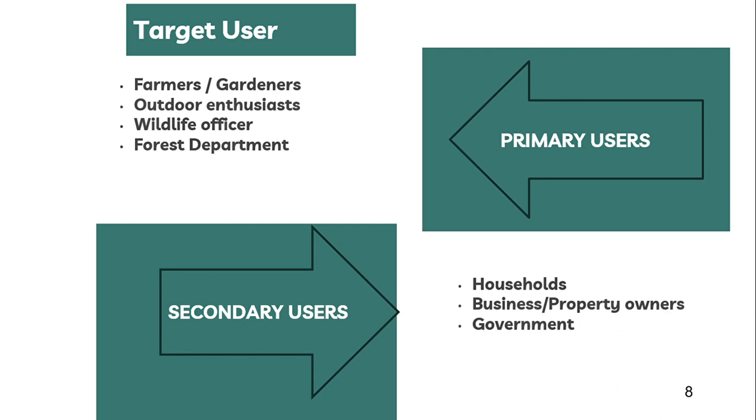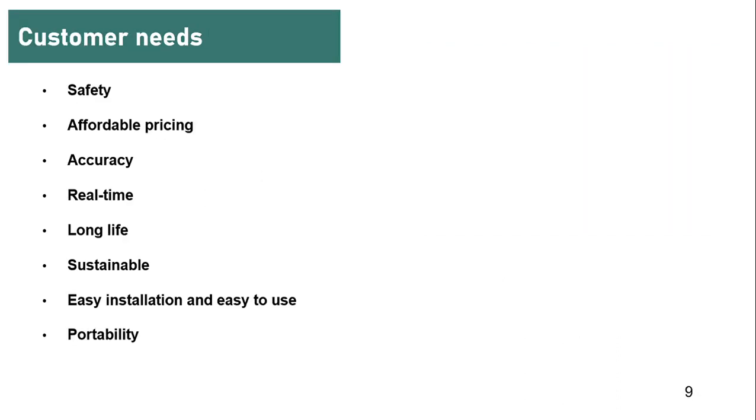Then there are wildlife officers and the forest department, because they are more related to the forest, and I think they will help us in implementing this product. Secondary users include households, businesses, and government. Government will take an initiative since it is not harming any sort of animal. Now, customer needs.